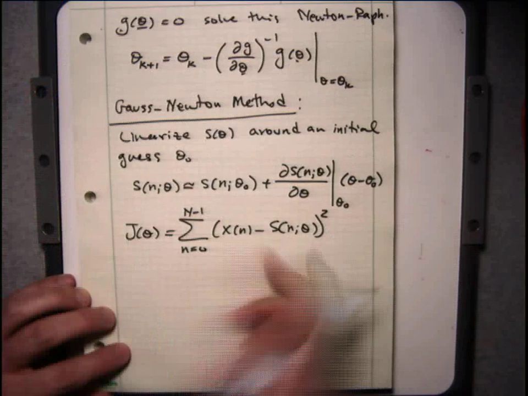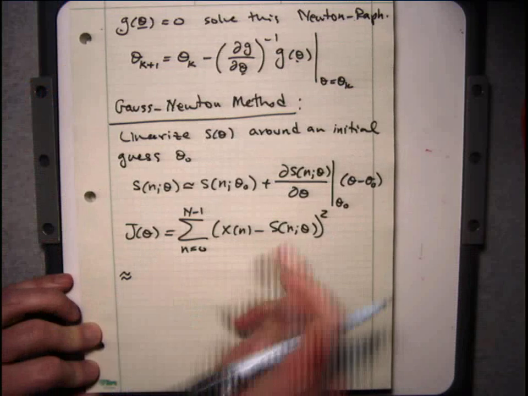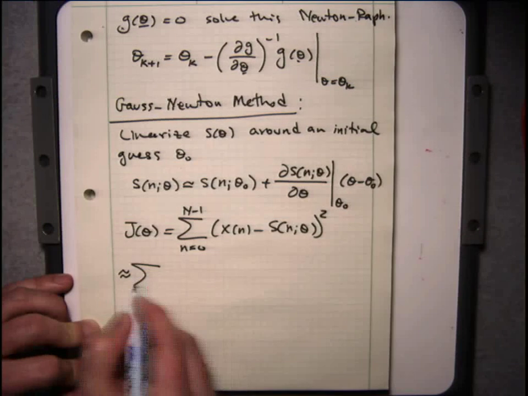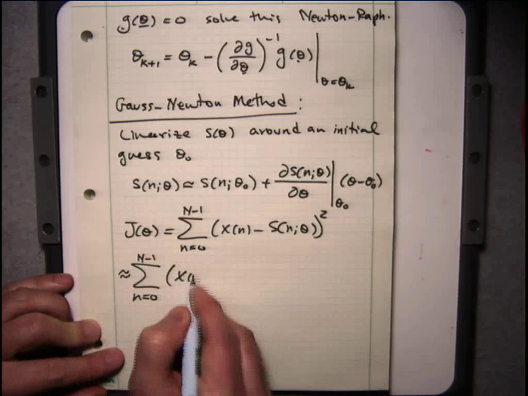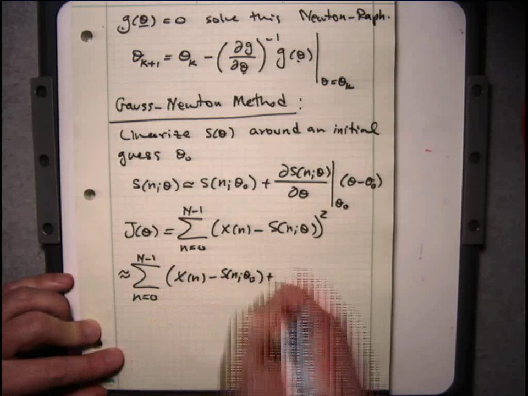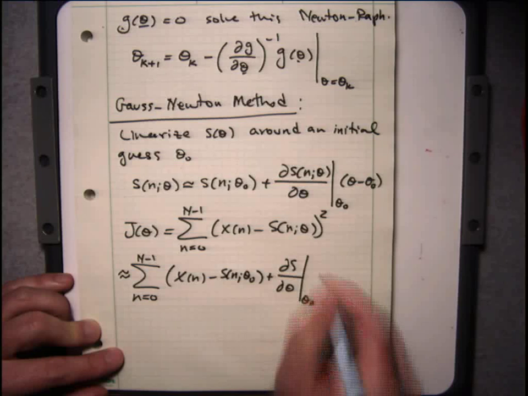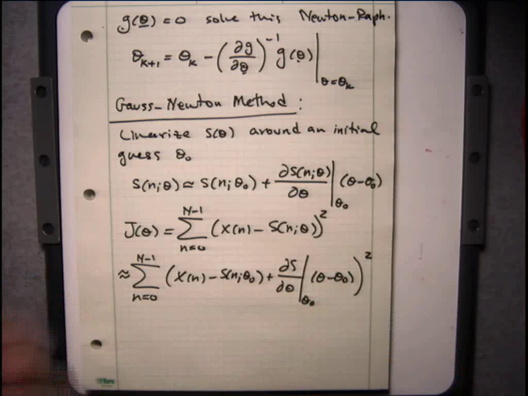Then, instead of minimizing this, you minimize an approximated version, where s is replaced with this linearization. So here's what it looks like. The sum from n equals 0 to N minus 1 of x of n minus s of n, theta 0, plus the derivative of s of n with respect to theta evaluated at theta 0 times theta minus theta 0, and then the whole thing squared.